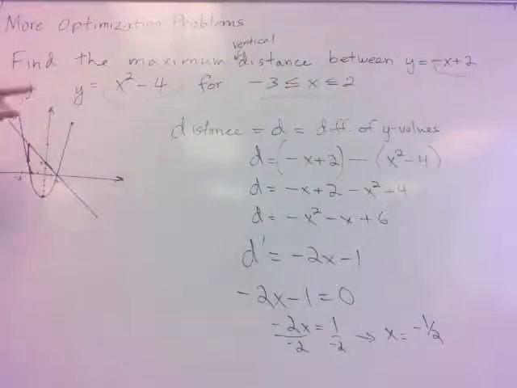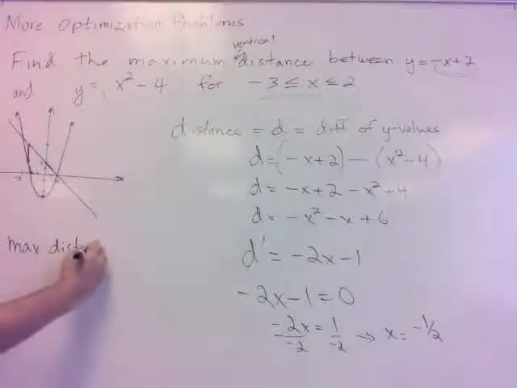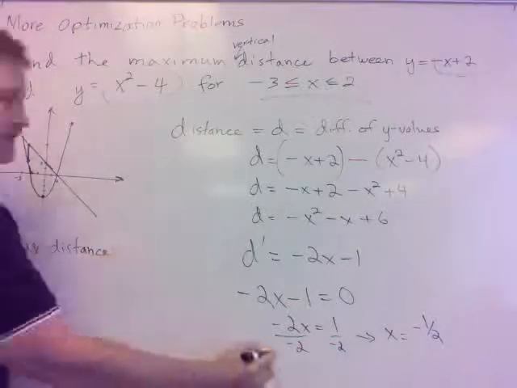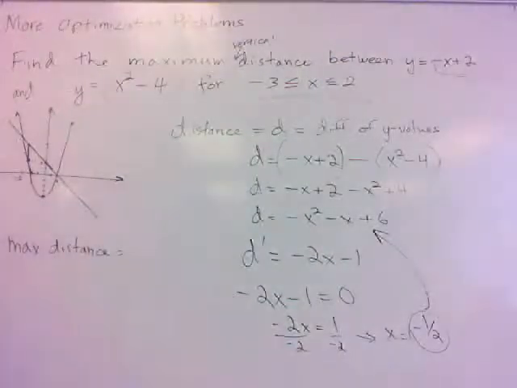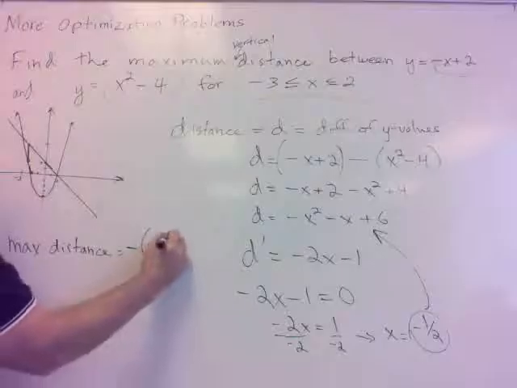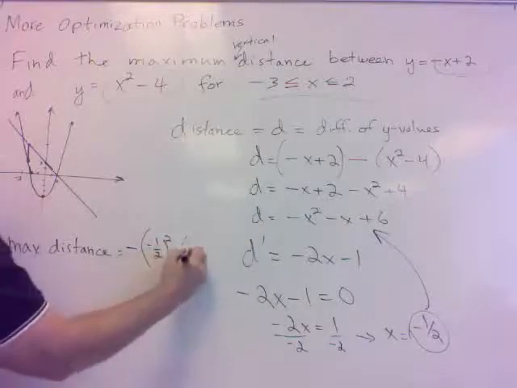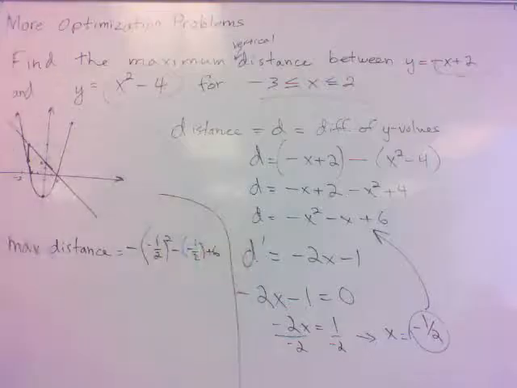And so the maximum, it wants me to find the maximum distance. So what's the maximum distance? Well, plug x to be negative a half into the distance equation, right? So it'd be negative a half squared minus negative a half plus 6. That'd be my maximum distance.